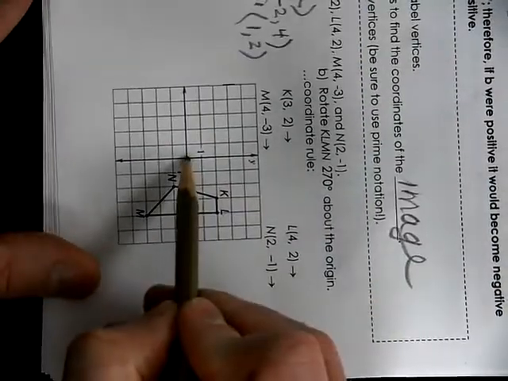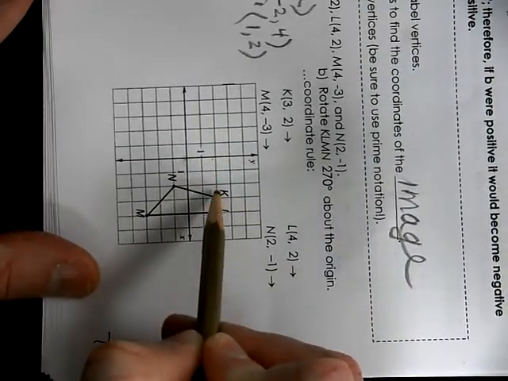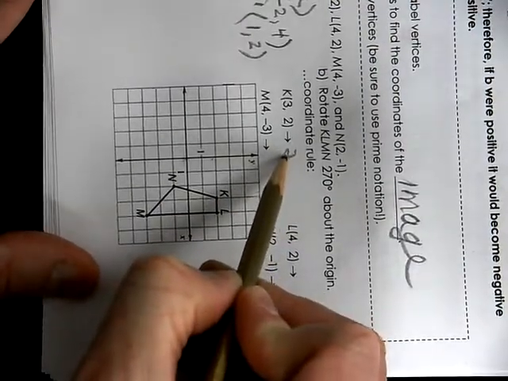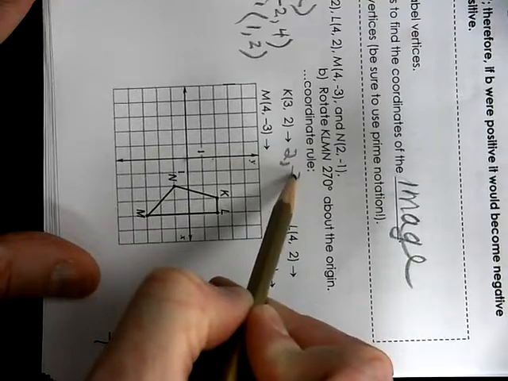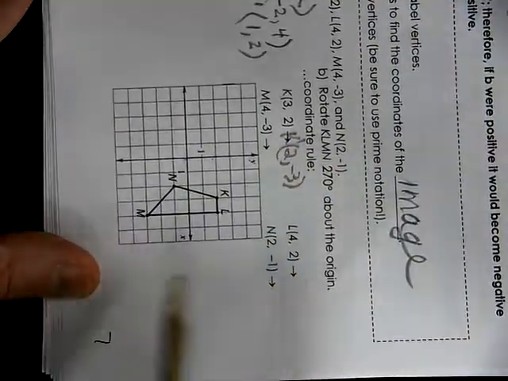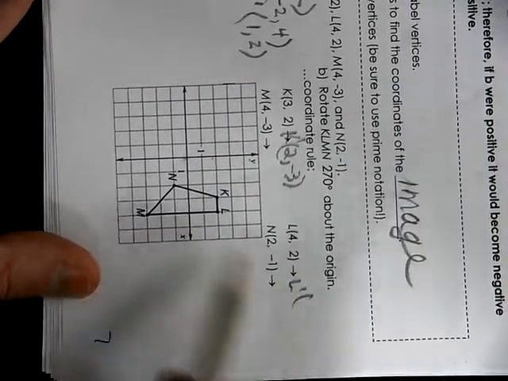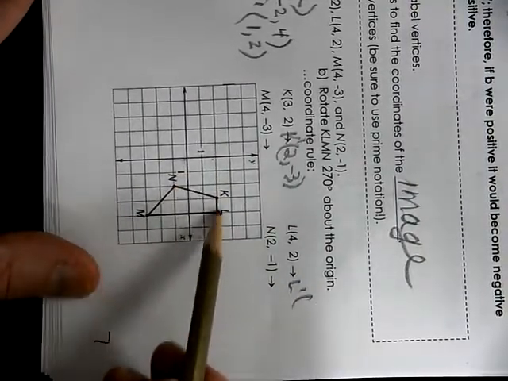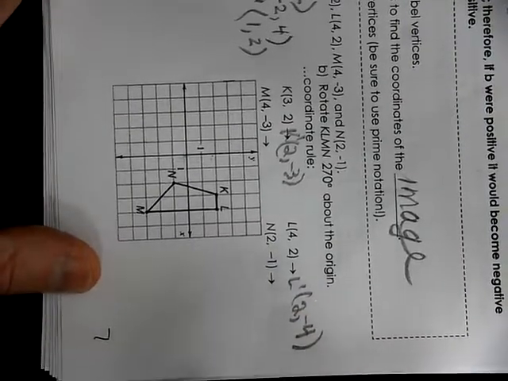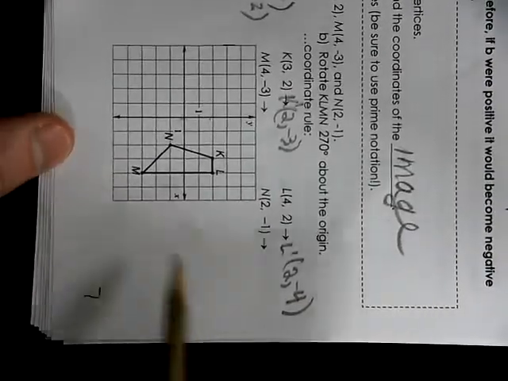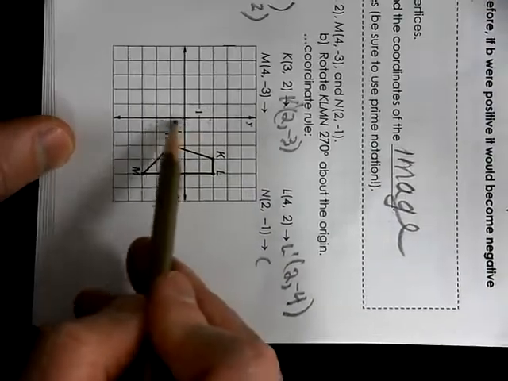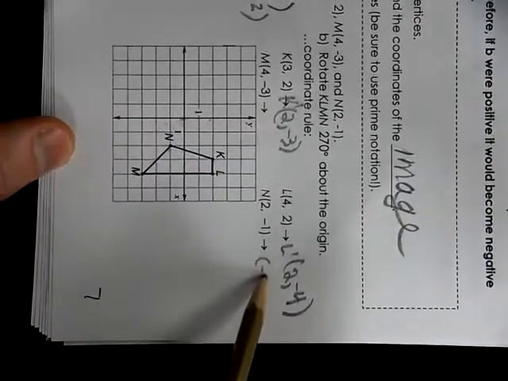Well, the K is 2 to the right and 3 down. So we're 2 to the right and 3 down. That's K prime. L prime is going to be 2 to the right and 4 down. N prime, 1 to the left and 2 down.